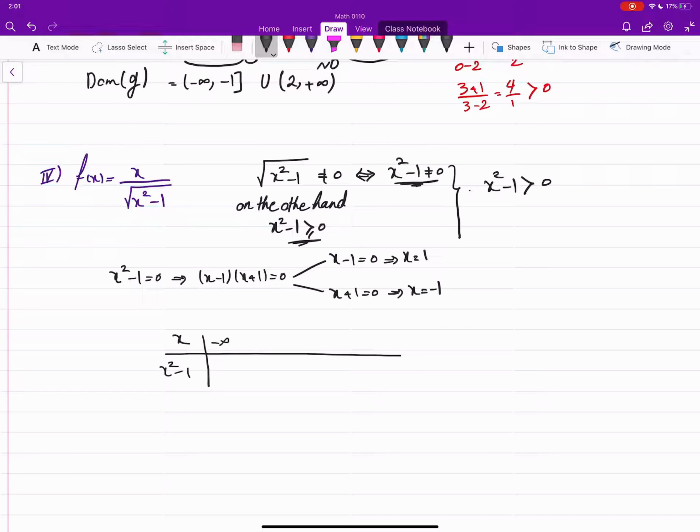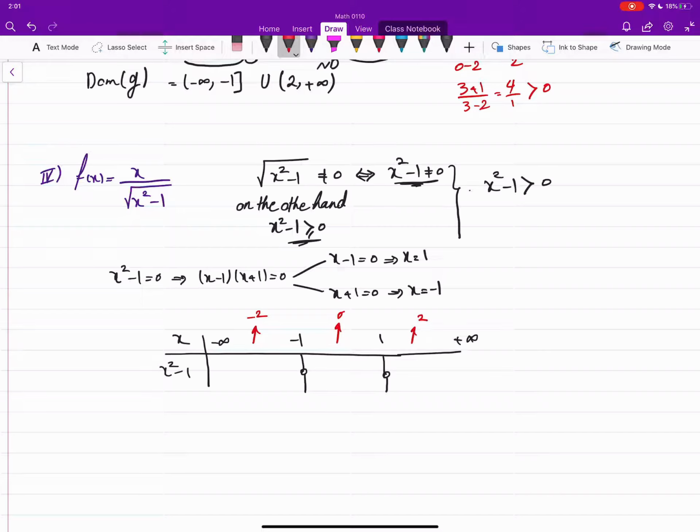X can go from negative infinity, negative 1, 1 to positive infinity. At negative 1, this is 0. At 1, it is 0. And the test values, this is negative 2, this is 0, this is 2.